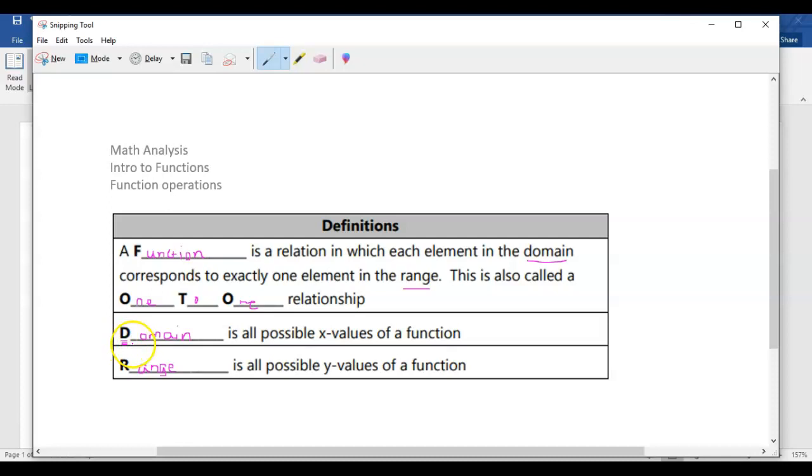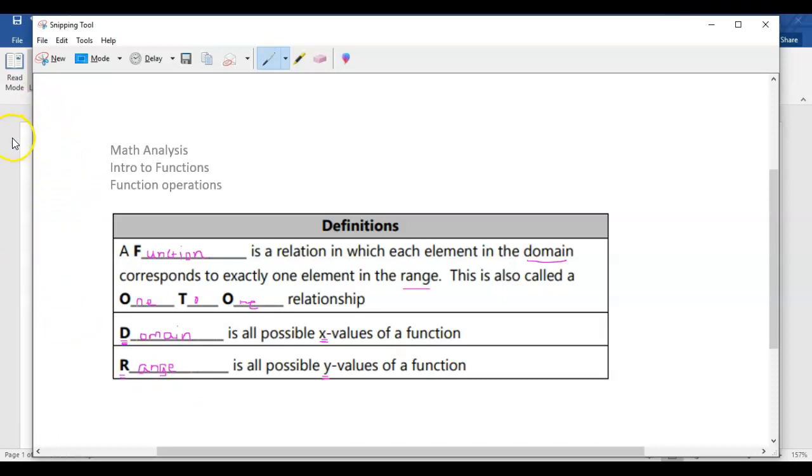D in domain comes first in the alphabet, and R comes next, just like X and Y. X comes first, so domain starts with the D and is first, and X is first. And range comes next, and that goes with Y. So that's how I distinguish those two.